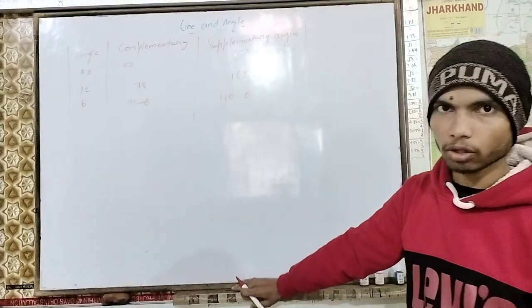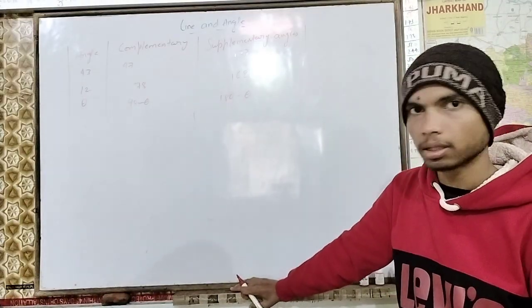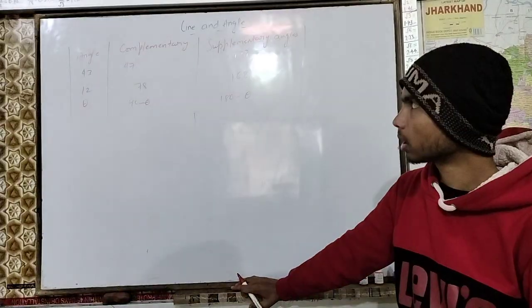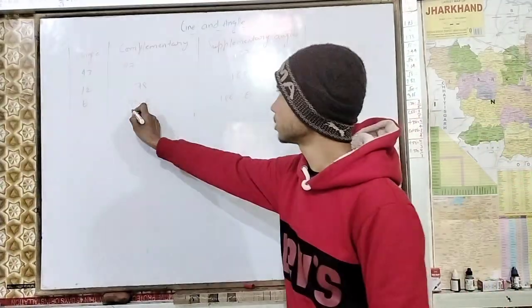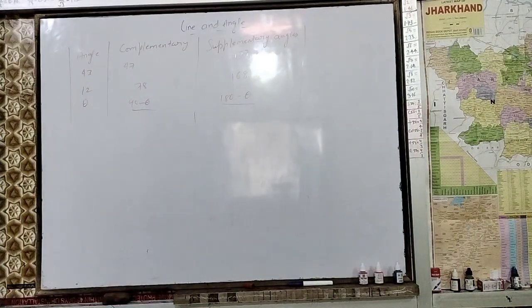That is how you will find any complementary angle and any supplementary angle. I have told you how to calculate. This is the formula for complementary and this is the formula for supplementary angle. Just have a look.